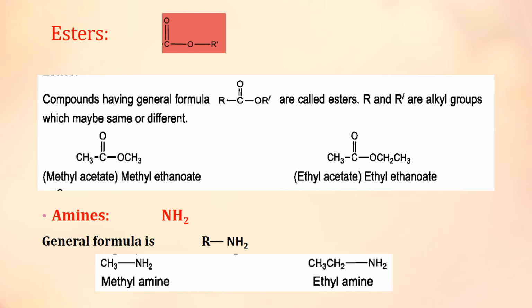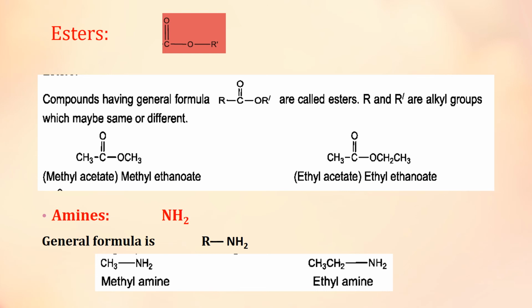So esters have the general formula R C double bond O R dash. The carbonyl group on one side is attached directly to the alkyl group, and on the other side it is attached to the oxygen atom, and this oxygen is further attached to some alkyl group. And these R and R dash may be the same or different alkyl groups.